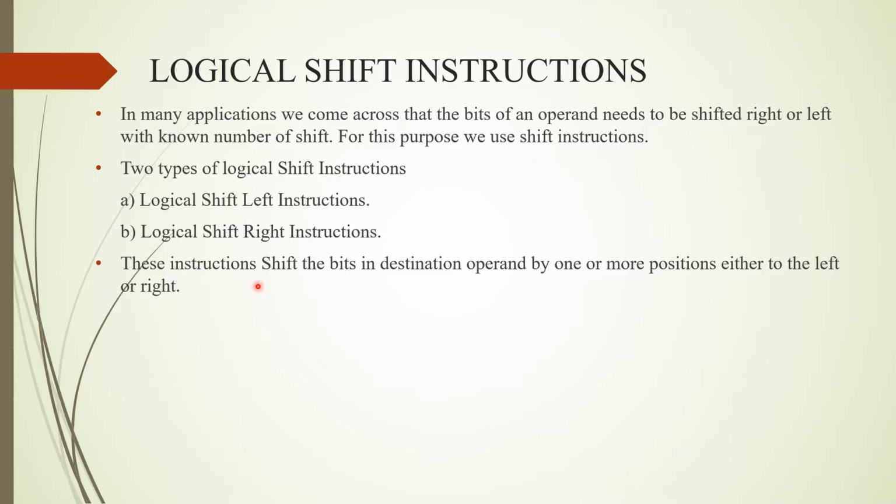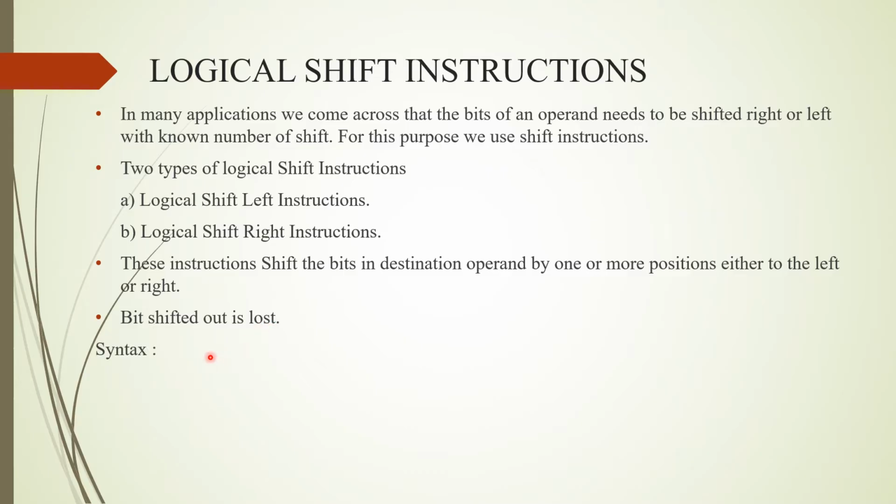These instructions shift the bits in the destination operand by one or more positions either to the left or right. Whatever bits are shifted out of the register will be lost.